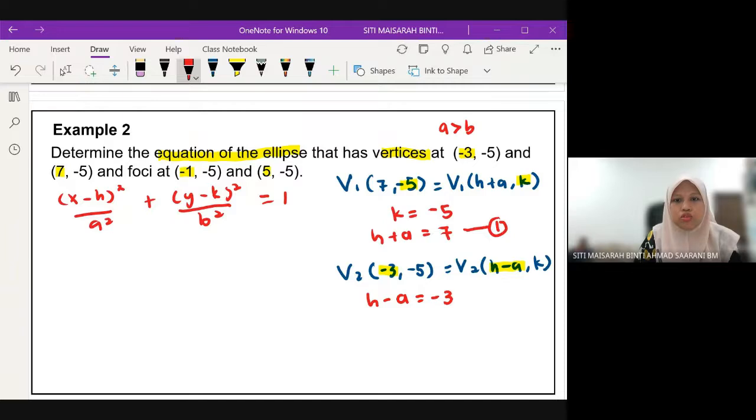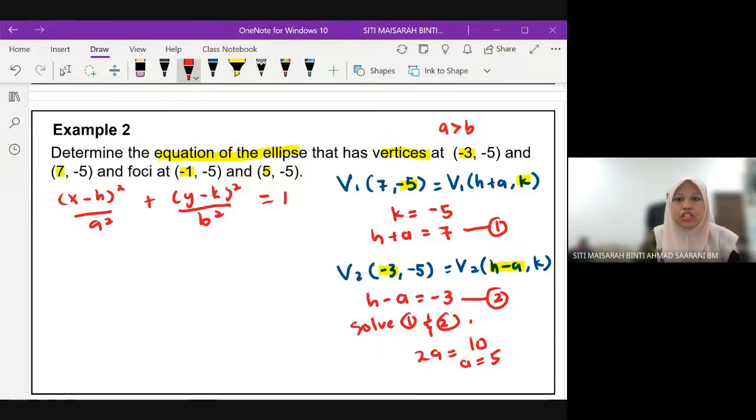H tolak A equals to negatif 3 ni equation 2. Awak solve 2 ni. Solve 1 and 2. So we get 2A equals to 10. A is equal to 5. So dapat A dia 5.